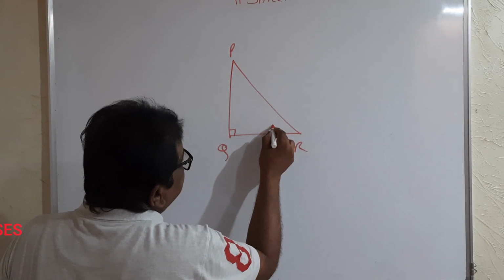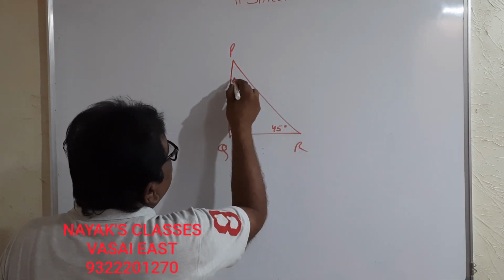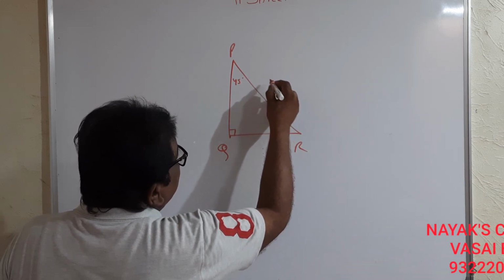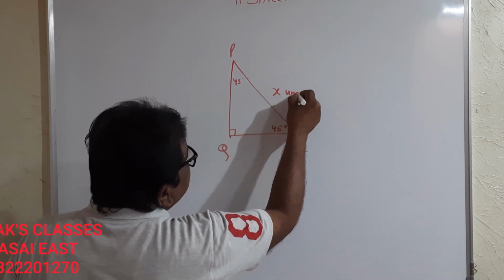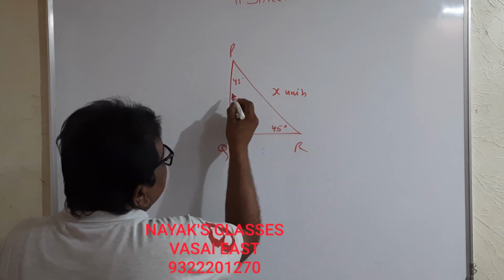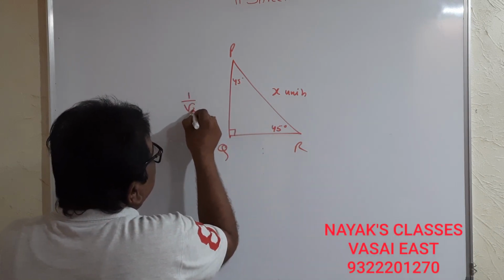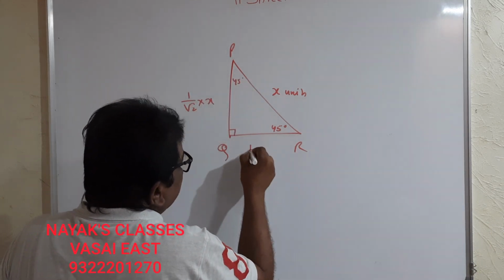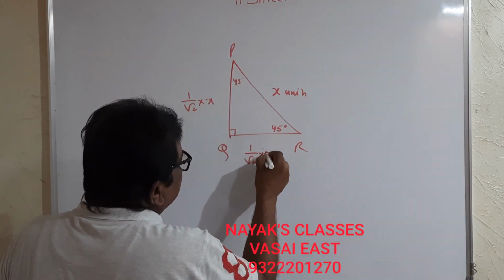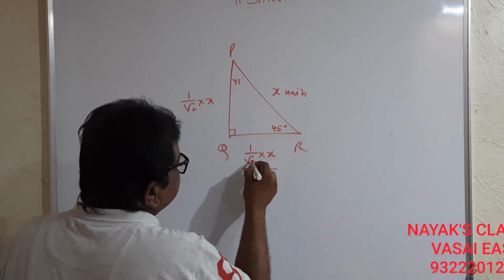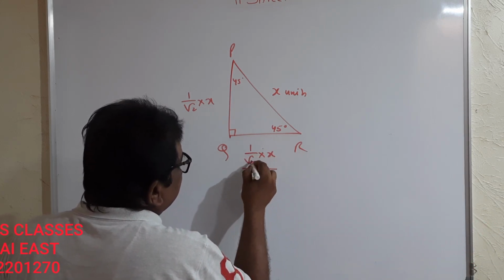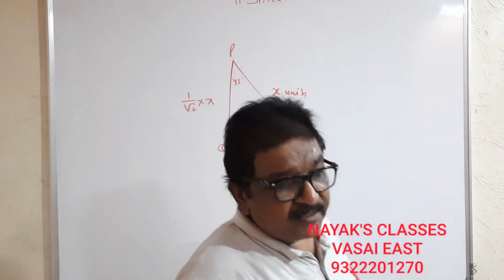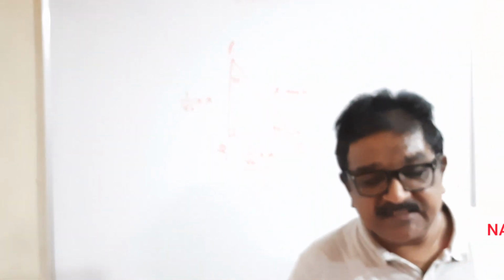This is 90 degree, and these angles are 45 degree and 45 degree. In this case, if the hypotenuse is of x units, then the side opposite to 45 is 1 upon root 2 into the length of the hypotenuse, and the other side is also 1 upon root 2 into the length of the hypotenuse. These two properties are used to solve the examples in this exercise.